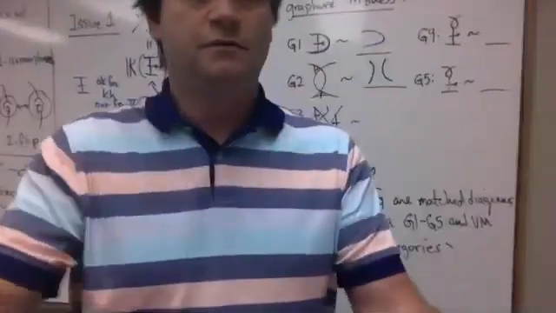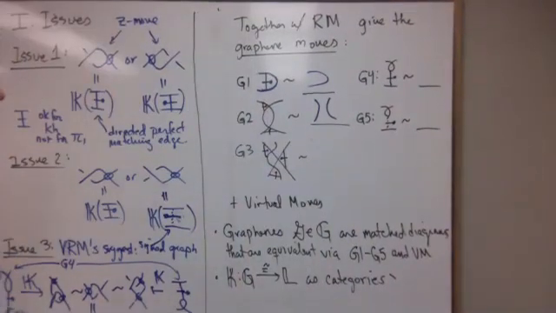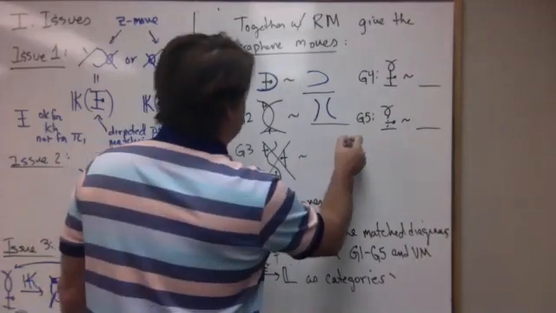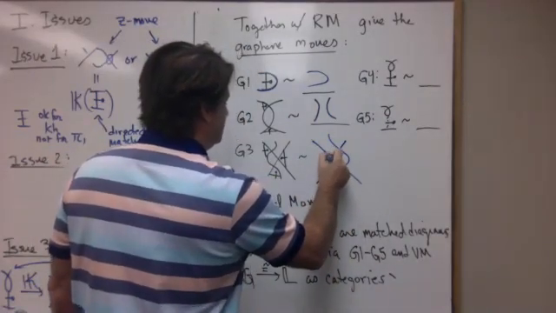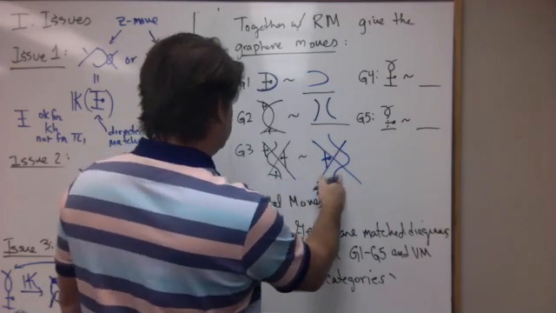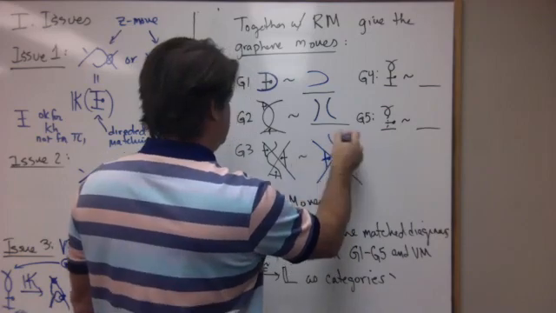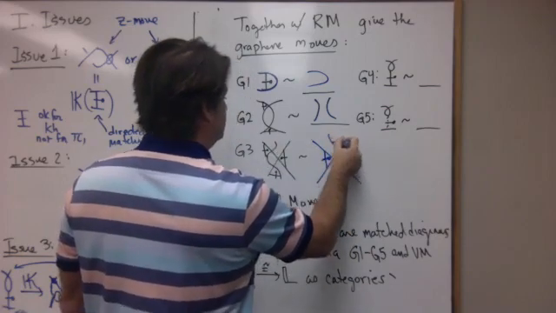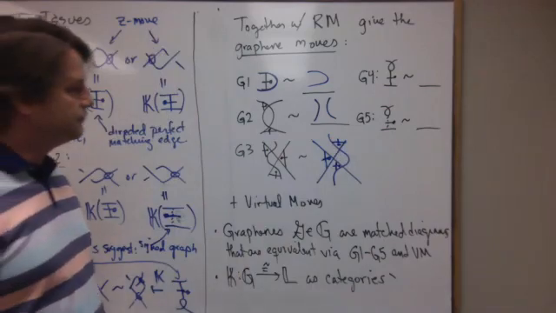So that's why those had the same homology theory. And then of course here, this is just a Reidemeister 3 move. Just have to make sure that one goes over, this one goes over. And so there's your Reidemeister 3.